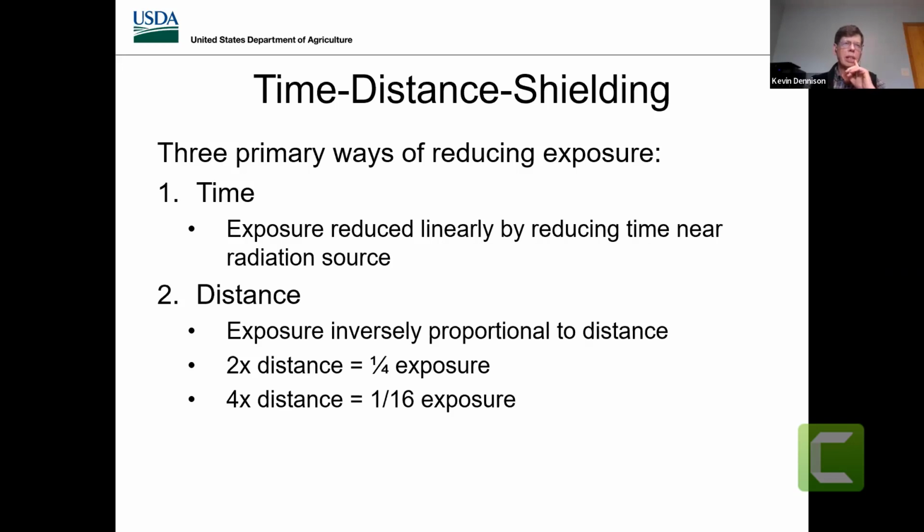So if you're standing twice as far away from a radiation source, you're going to get a quarter of the exposure, 4 times the distance, 1/16 the dose. If you're several miles away, obviously you're going to have very, very little, if any, exposure from it.